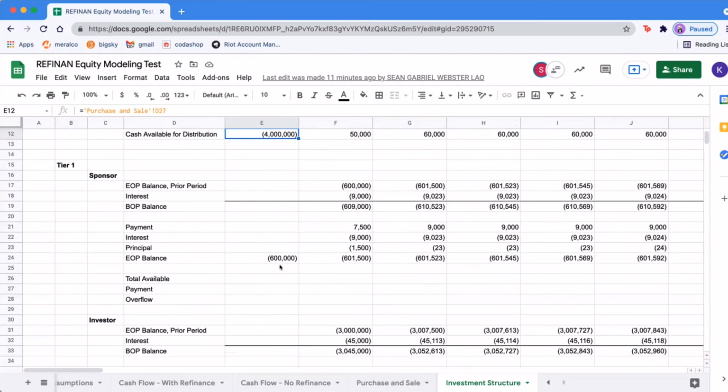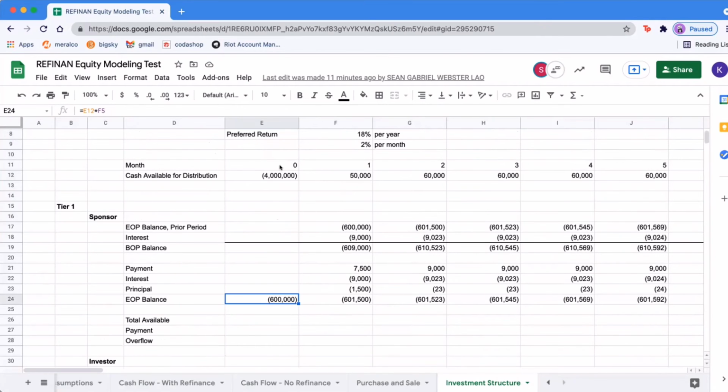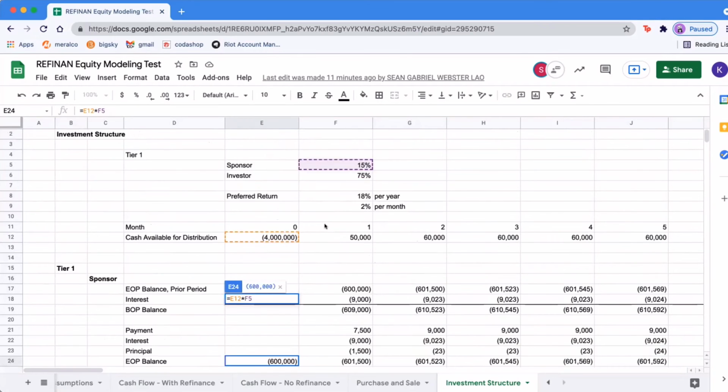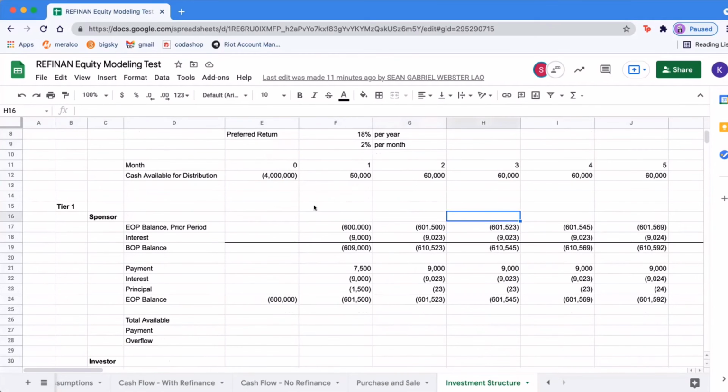So the first end-of-period balance is computed as the cash distributed times 15%, and then the rest just follows. We calculated the payment as the cash distributed per month times 15%.